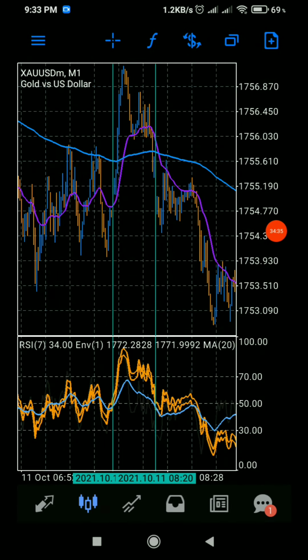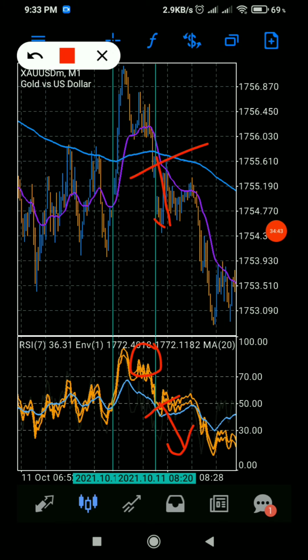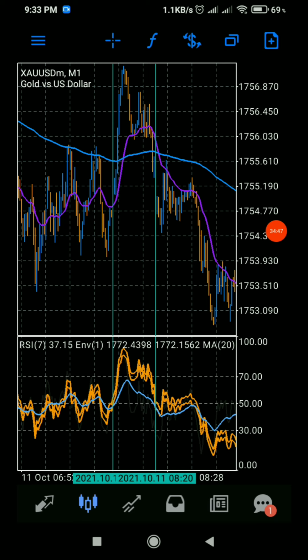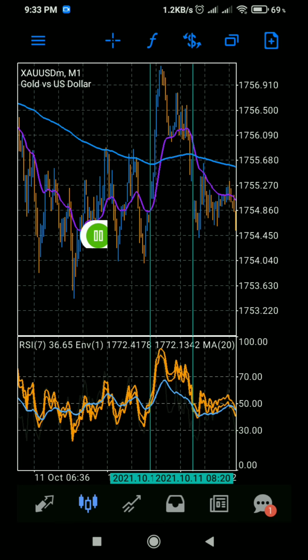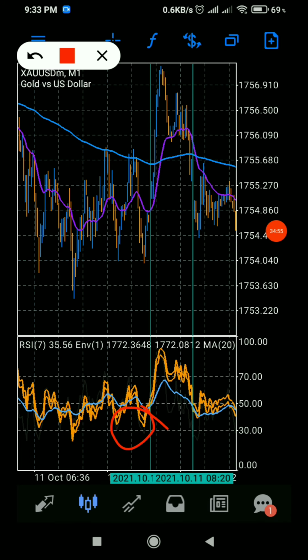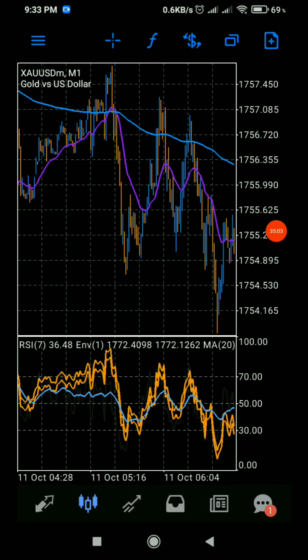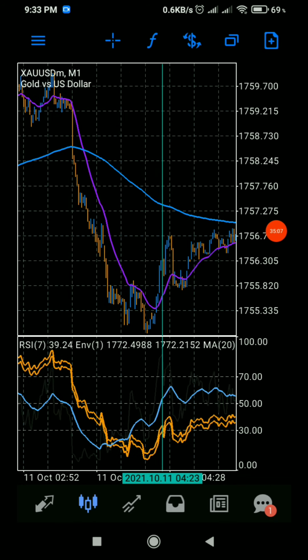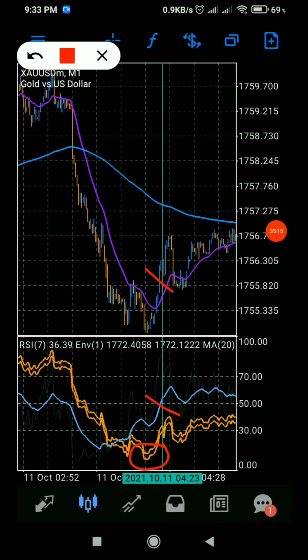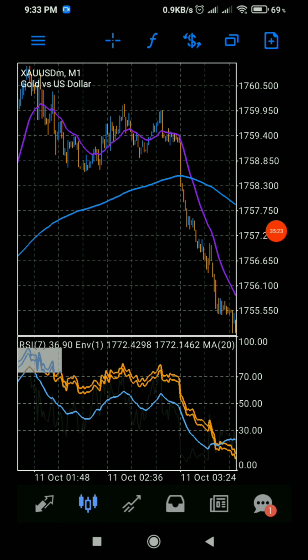And here another signal, as you see, a sharp edge and then blue crosses 50, sell from here. And here another buy signal, as you see, a sharp edge forming below 30, and then here forming a sharp edge and then crossing the 50, so a buy signal has taken place.